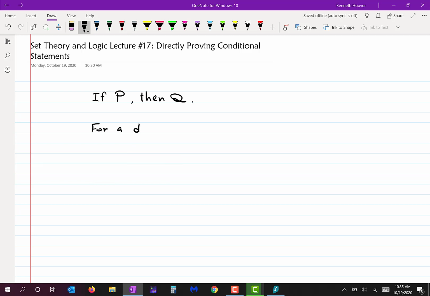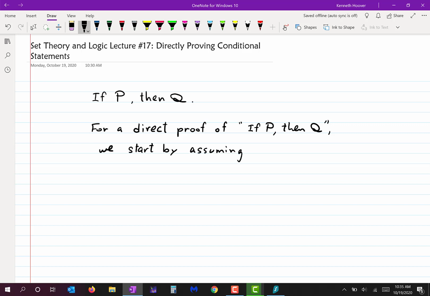Okay, so for a direct proof of if P, then Q, we start by assuming P is true and show that Q must then be true.